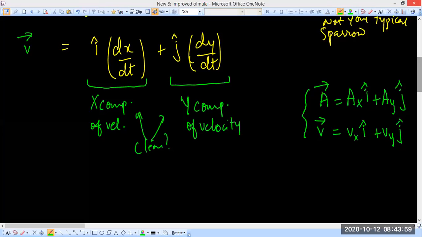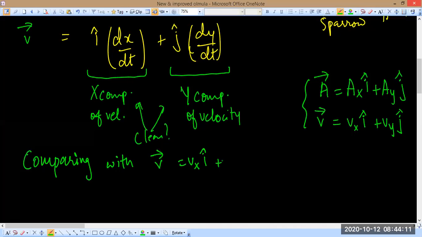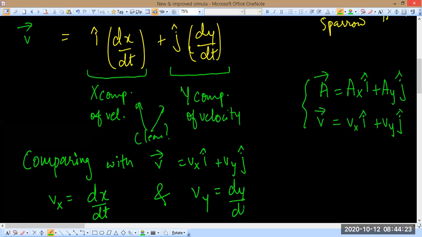So based on that, so by comparing with v vector equal to vx i caret plus vy j caret, I can write vx equal to dx by dt and vy equal to dy by dt, right?